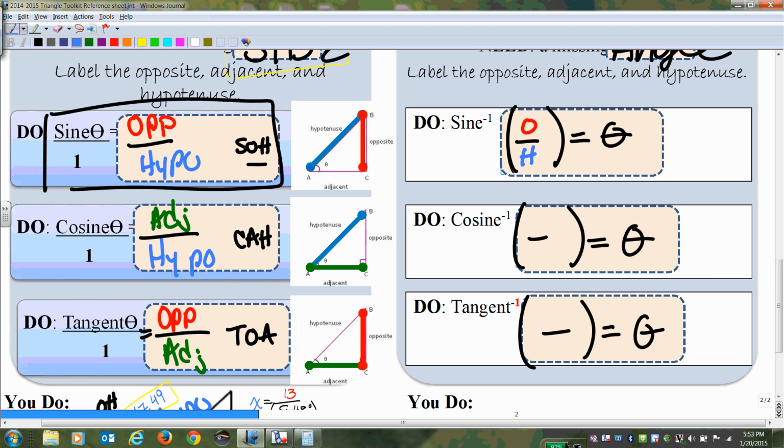Remember, theta we use as the variable for an unknown angle. Inverse cosine of adjacent over hypotenuse gives us the angle theta. Inverse tangent of opposite over adjacent gives you the angle theta.